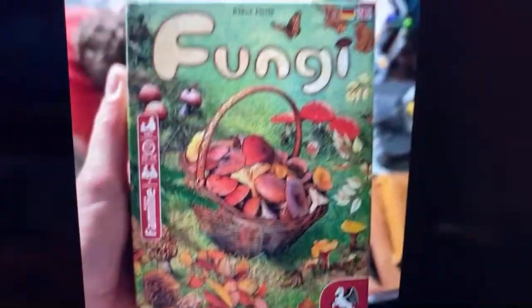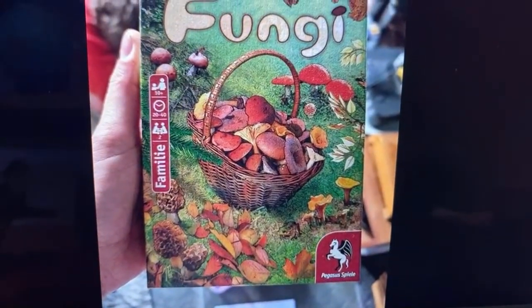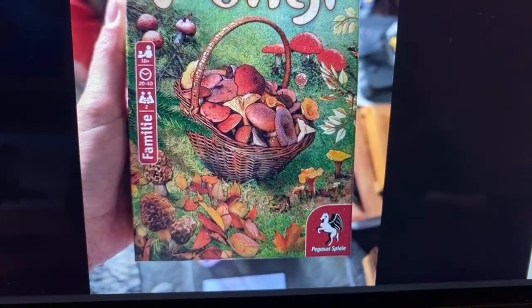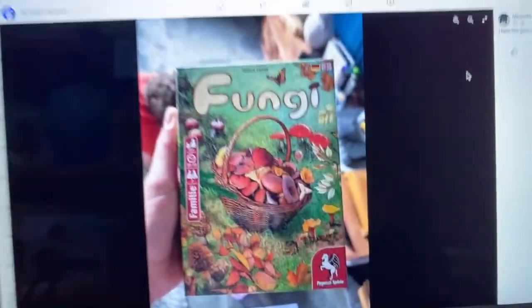There's a surprising amount of fungi board games out there, actually. It's just very pretty. Is that a chanterelle? Anyway, I'll have to keep an eye out for fungi board games. Help me to learn about funguses.